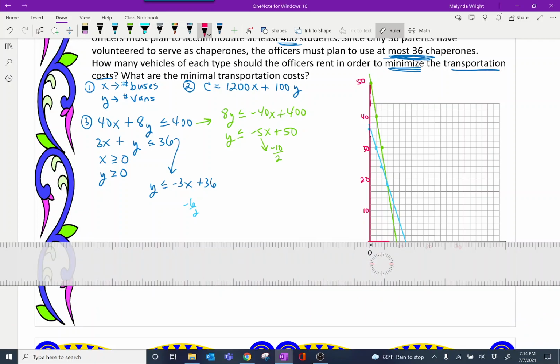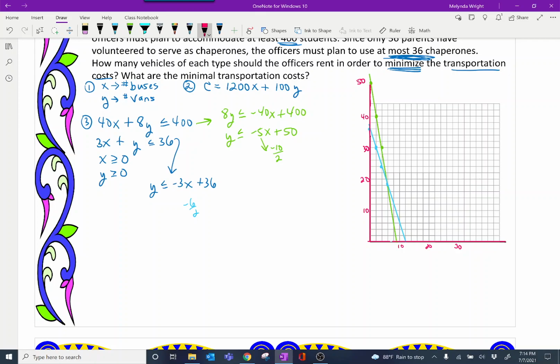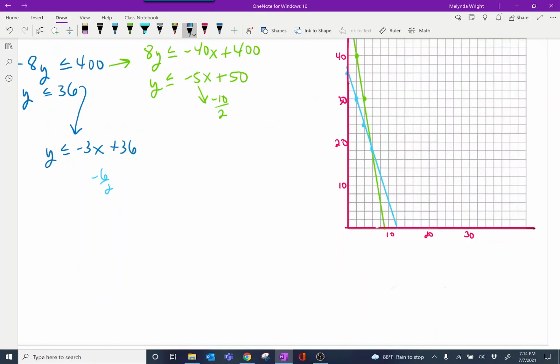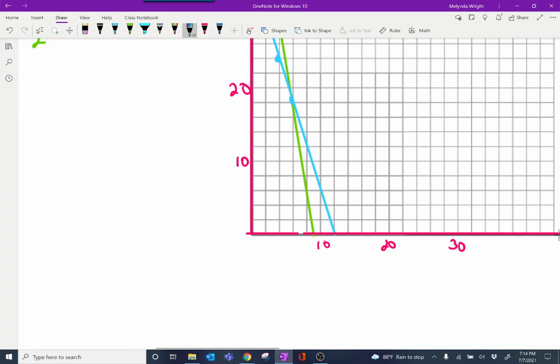There we go. Looks like this is our feasible region, right in here.